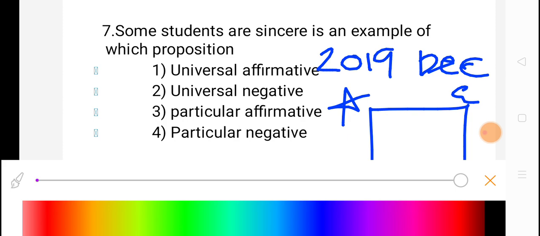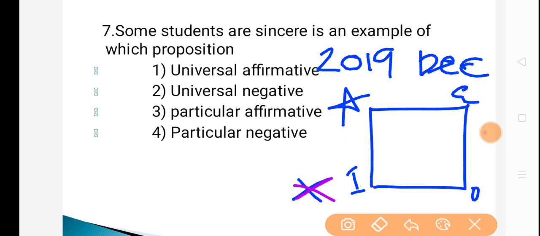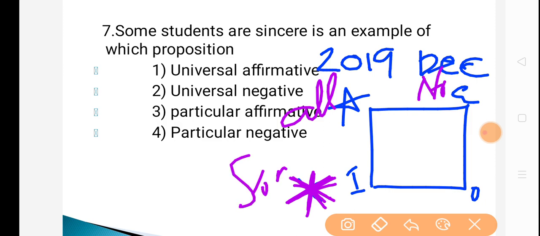Which proposition? Here all, here no, here some, and here some not.